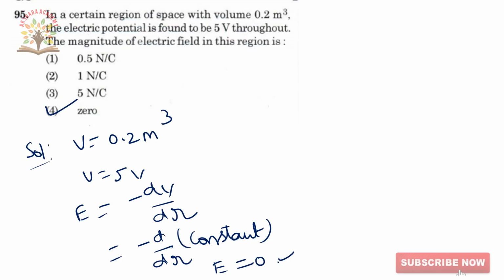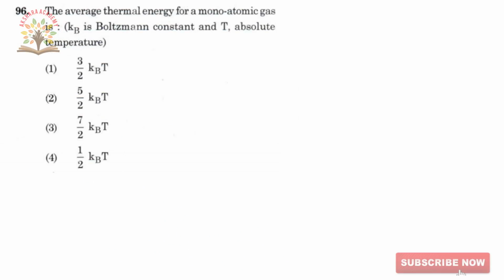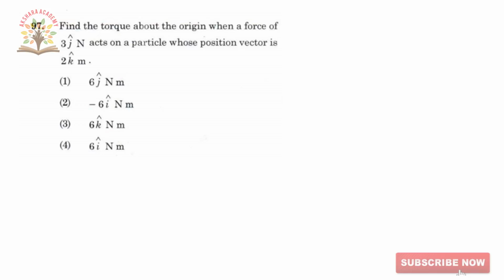Next go to the 96th question. The average thermal energy for a monatomic gas is, this is the correct answer. The first one is the correct answer, 3 by 2 kBT. And let us go to the next question, question number 97. Tau is equal to, here I am writing the solution.